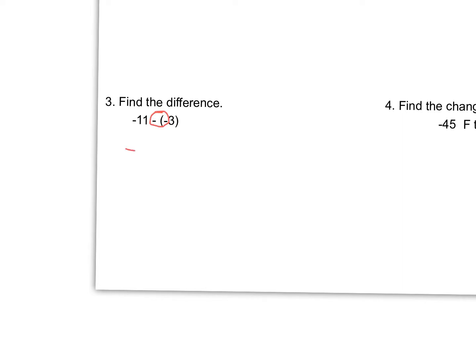If I'm minusing a negative, technically we are adding. So we're going to make that a plus 3. Now at this point, it's just an adding and subtracting problem. So negative 11 plus 3 is going to be negative 8. And it's as easy as that.